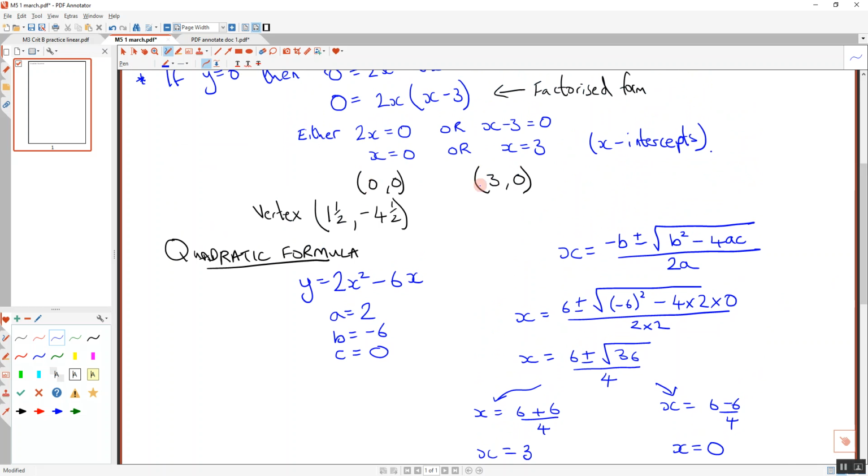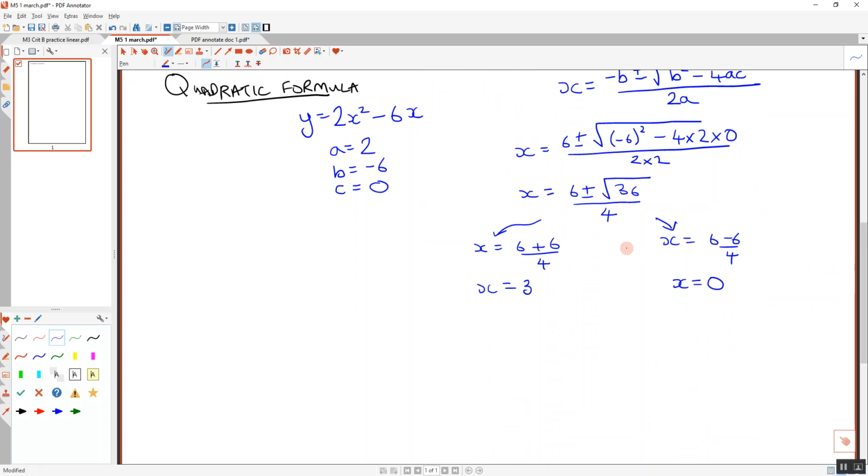I've got x is 0, x is 3. So this enables me to find the x-intercepts, the roots. If I wanted to find the y values, what would I have to do with these? Sub them back into the original equation to get the y values.